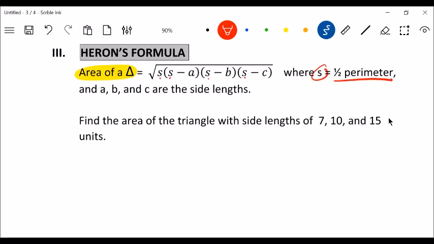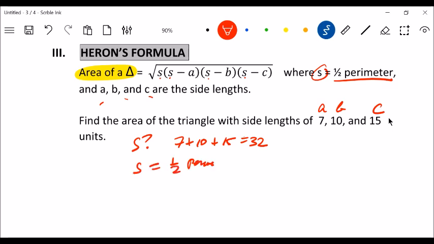So what we need is to find the perimeter. A, B, C are the side lengths. So we're given these side lengths for this problem, A, B, and C. I want to know what S is, so what I need is the perimeter. So I do 7 plus 10 plus 15, and that equals 32, but the S is equal to 1/2 of the perimeter.